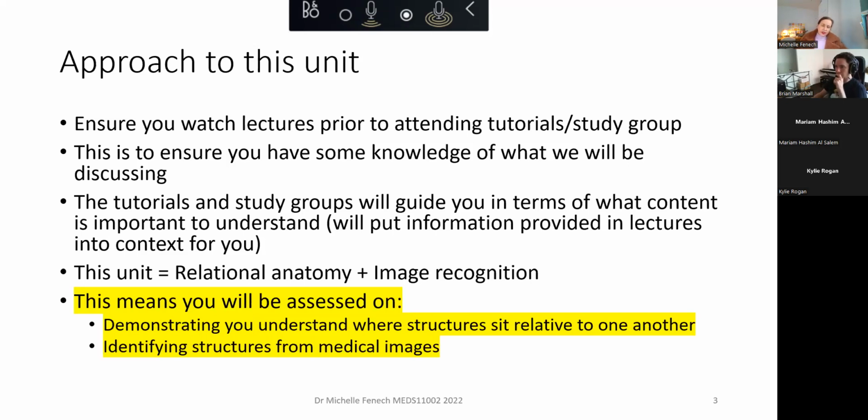Is it more towards the head, cephalically or superiorly, or inferior? And when we get to our limbs, we tend to say more proximal and distal as well. Those terms shouldn't be foreign to you, and I'm hoping that you have covered those in other units, and you covered that last term as well.